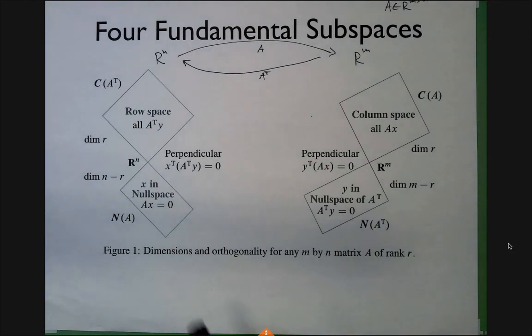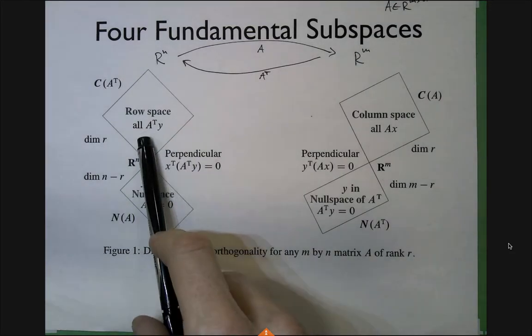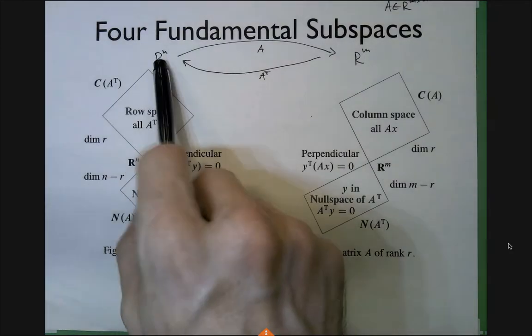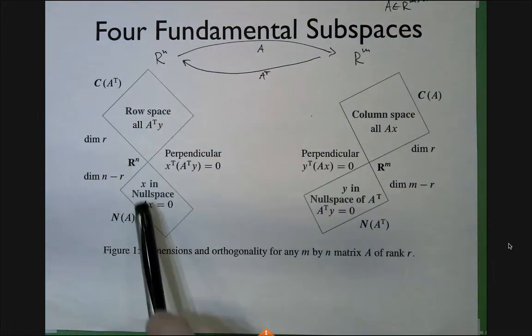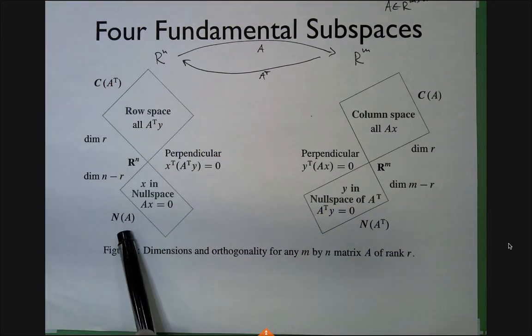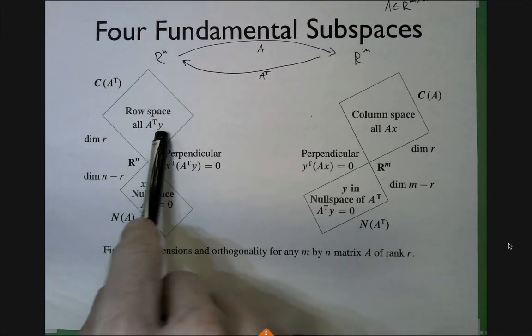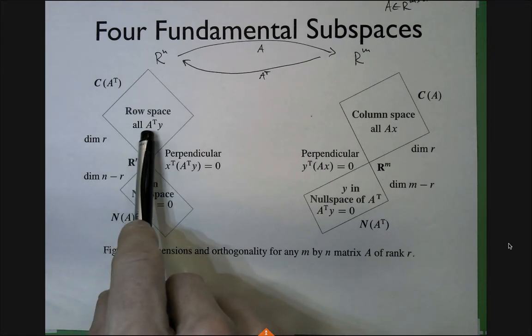Okay, and here is how we can understand what the matrix essentially does. The input space R^n splits into 2 subspaces which are orthogonal complements of each other. The first one is the row space. The row space is all vectors A^T y for every y.